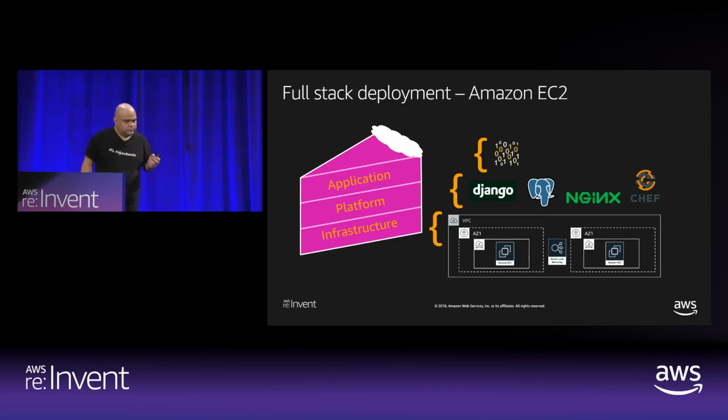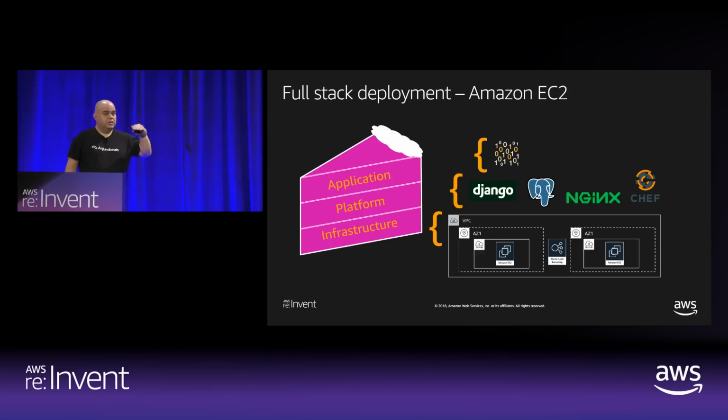We're going to show you some examples as to how this full stack deployment does apply to any application architecture that you may encounter. This first example is a traditional, feels like a LAMP application, assuming you're using Linux for this. And the infrastructure will include setting up your VPC, availability zones and other components, load balancers.